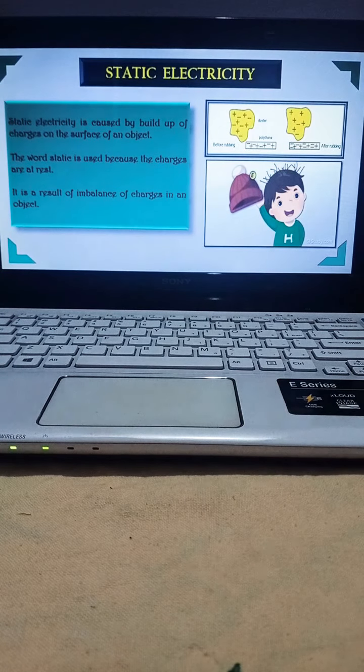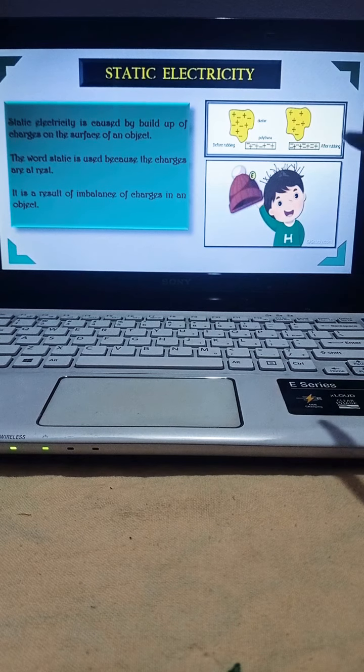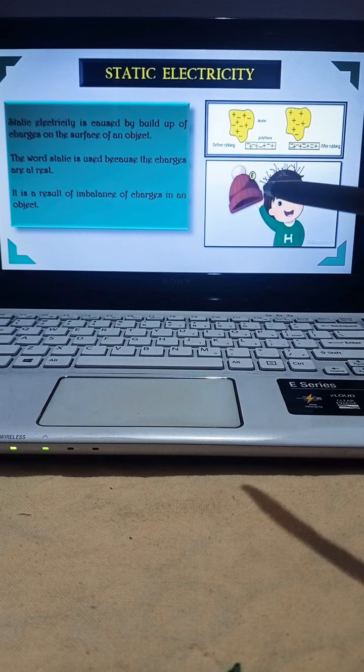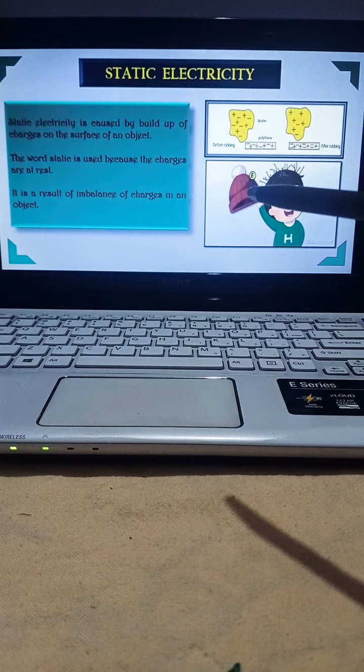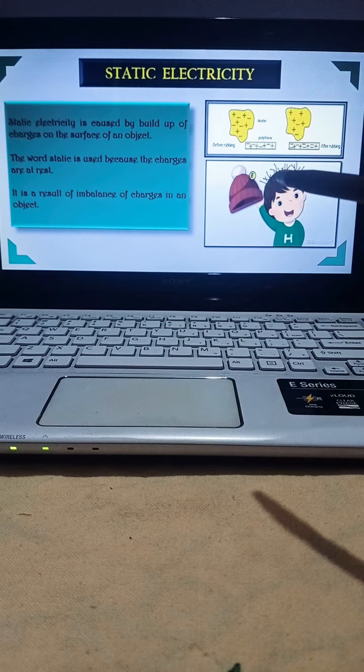The next topic is what is static electricity. Static electricity means charges at rest, or we say that static electricity is caused by a building up of charges on the surface of an object. Here you can see in the diagram how sometimes our hair rises when we take off our cap.